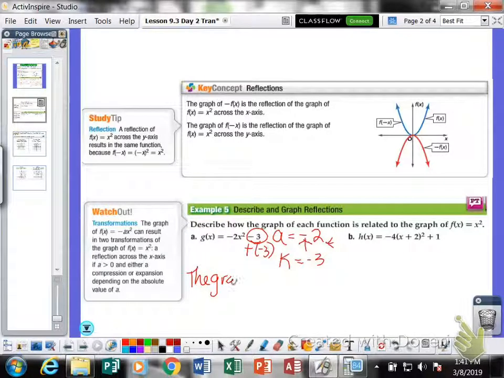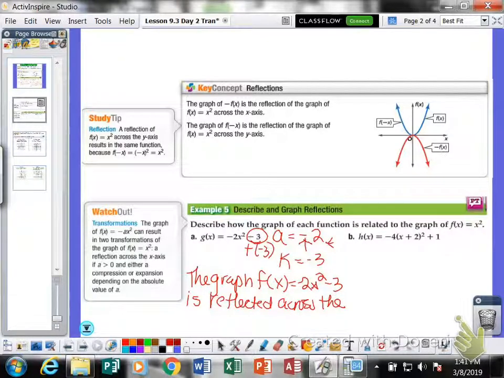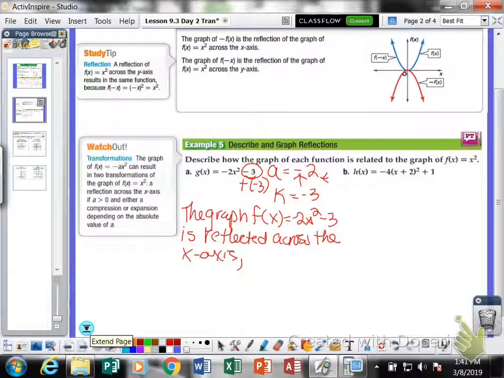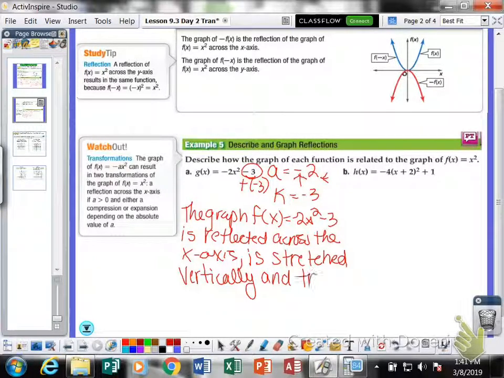So the graph f of x equals -2x squared minus 3 is reflected across the x-axis, is stretched vertically, and translated 3 units down.